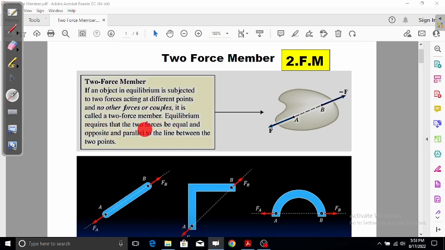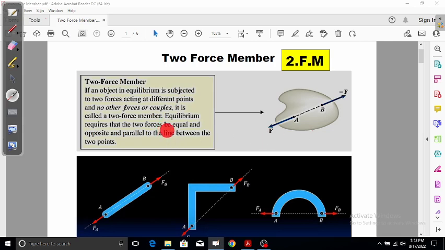What does it mean? If there is any object, here you have a generic shaped body, and on that object two forces are acting at points A and B, and there must not be any other force or couple moment, then that member will be treated as a two force member.